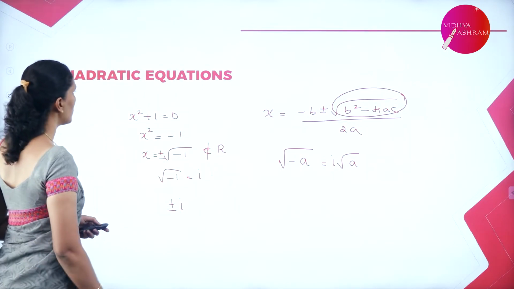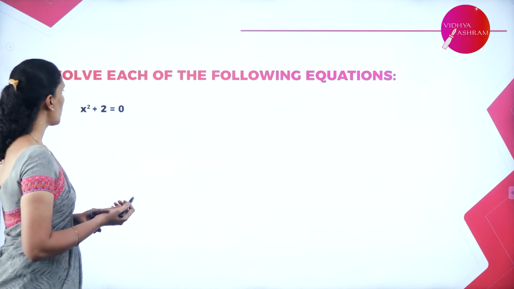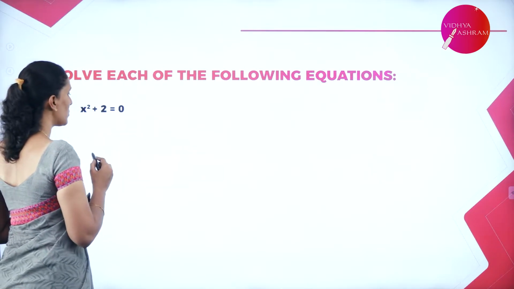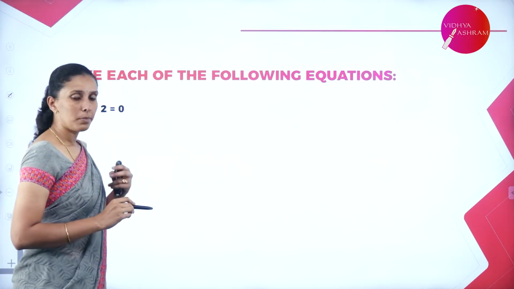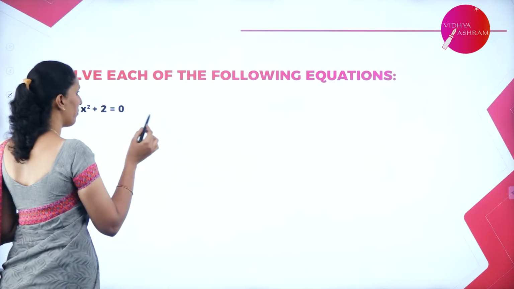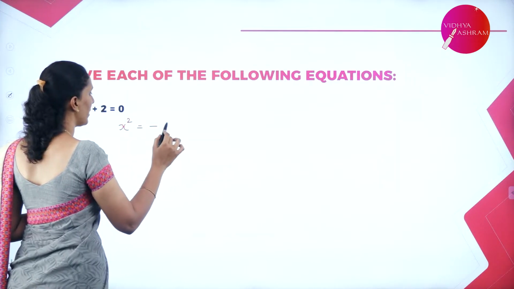That will give you the solution of a quadratic equation. Let's see the first one. Solve each of the following equations. We have x square plus 2 is equal to 0. It's a simple quadratic equation. Hence here finding it with the formula is not necessary. So x square is equal to minus 2.